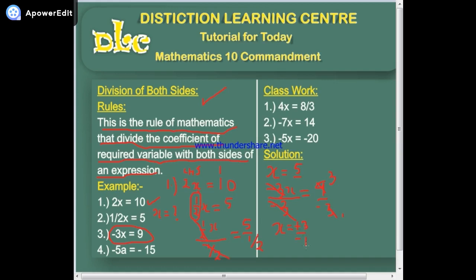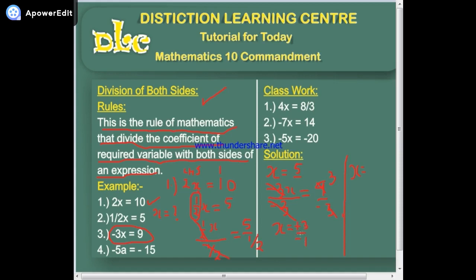In a situation whereby you see this kind of thing, x equals plus 3 divided by minus 1, and we've done it in commandment 2, multiplication and division of signs.